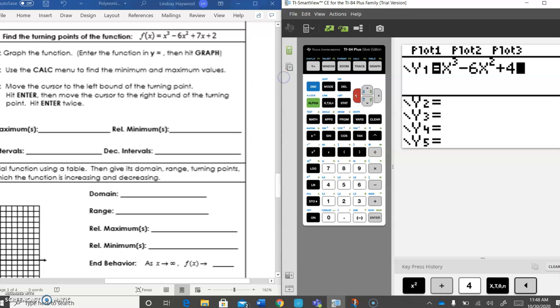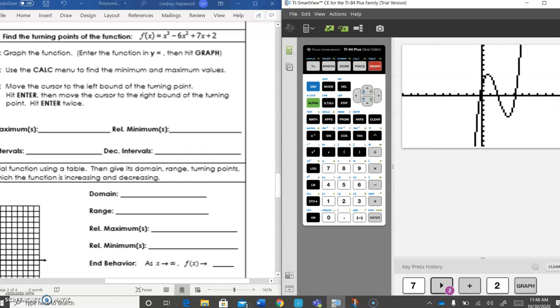Oop, gotta go back and fix that. Plus 2. Okay, then you're going to graph that. You may have to hit zoom 6 if your graph is off.